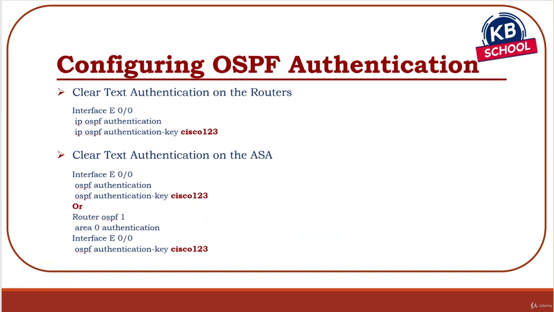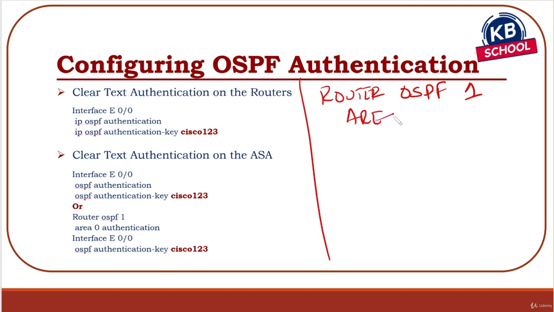So if I had to do the same thing on the router, I would do router OSPF 1, area 0 authentication. That sets up clear text for all my interfaces, and then under the interface, all I have to do is one command.